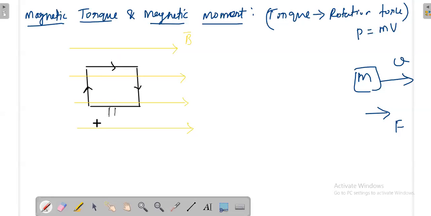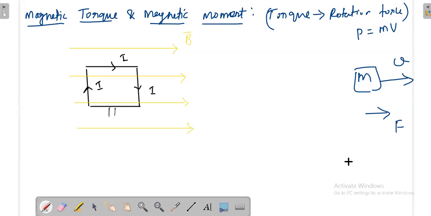Now somebody tell me, whenever my current flows in this direction, it goes here, then it comes here. Once the current flows in this direction, what is happening? What will be the direction of the force? The magnetic field is in this direction and the current is flowing in this direction.